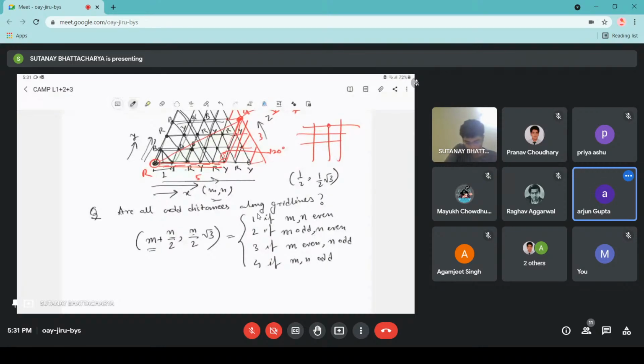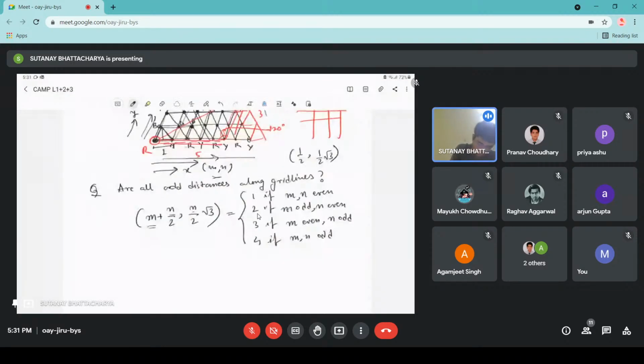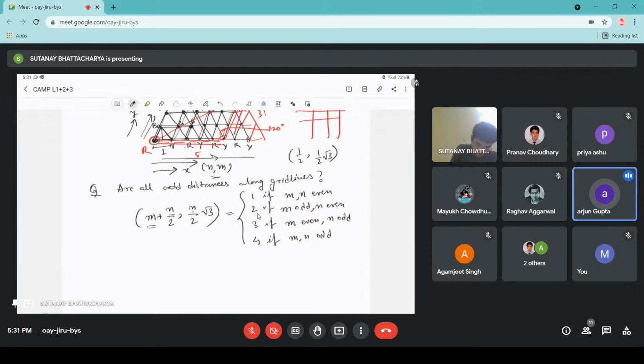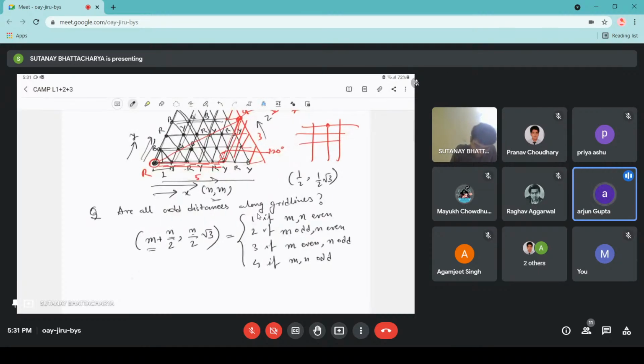Is there a good reason? Sure, why not? I'm saying that this is wrong. Not wrong, maybe I'm misunderstanding. Suppose we take n equal to 1. Then yes, now it is right, because we go n by 2 root 3 in the y direction.